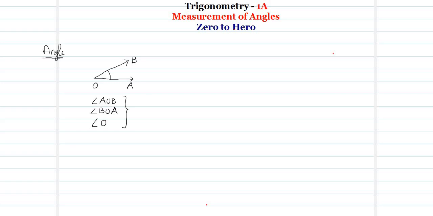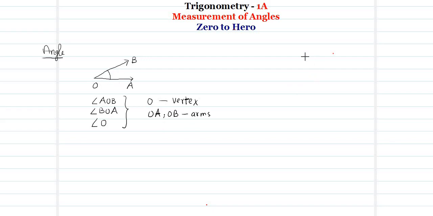O point is also known as the vertex of the angle, and OA, OB are the arms of the angle. So this is the concept of an angle.